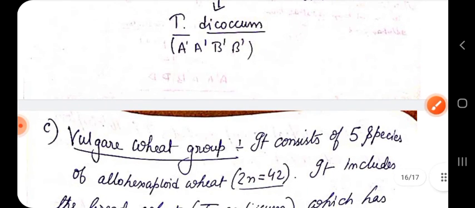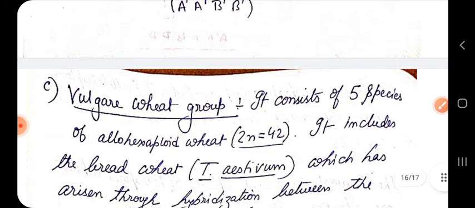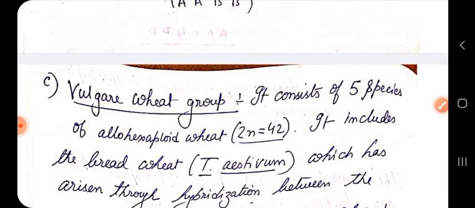In the next stage, we get the vulgare wheat group.